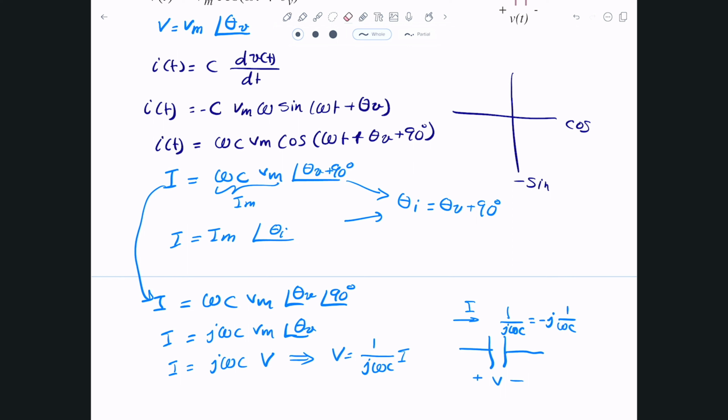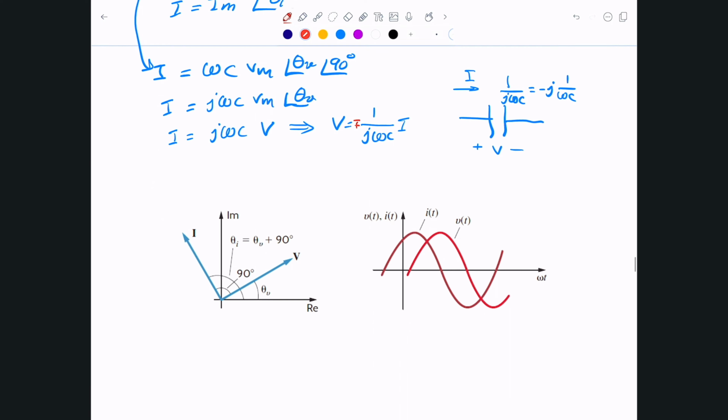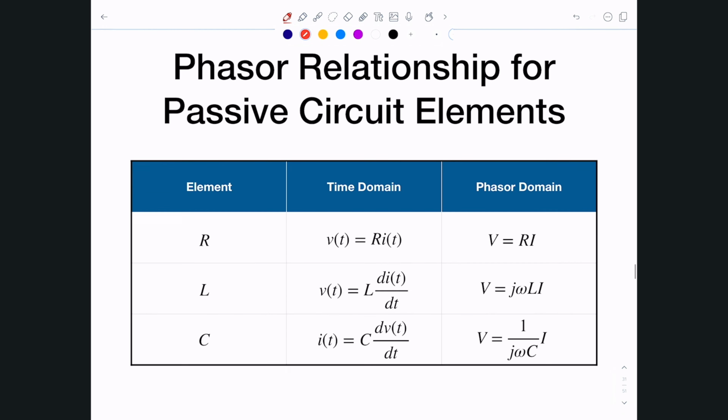As before, we have to do plus or minus here, because the passive sign convention still applies. To summarize the relationships we've seen for all three circuit elements: a resistor R in the time domain stays as R in the phasor domain.